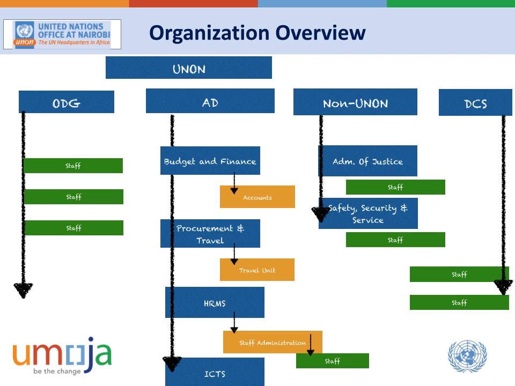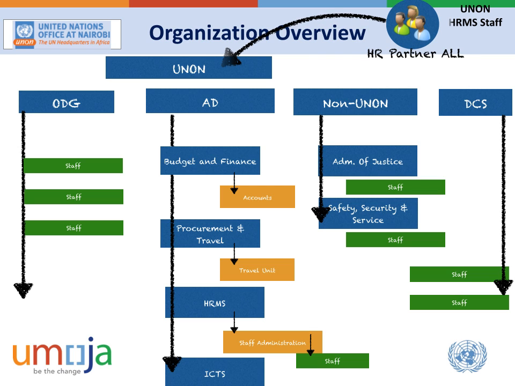With that design, if I assign the UNON HRMS staff a role called HR partner at the UNON level, they can administer all the staff members under UNON, and all the requests originating from the staff members will be routed to them for approval. I think this looks very simple.